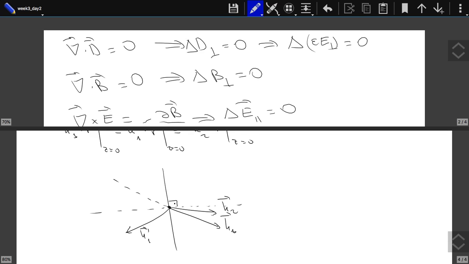Now this angle that k1 makes with the perpendicular, I will just call theta I. This angle that k1 prime makes with the perpendicular, I will call theta r. And this angle that k2 makes with this perpendicular, I will call theta t.